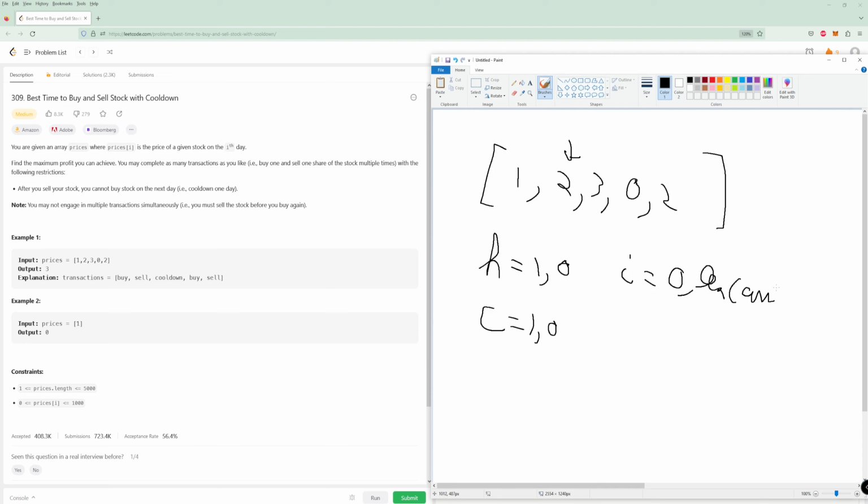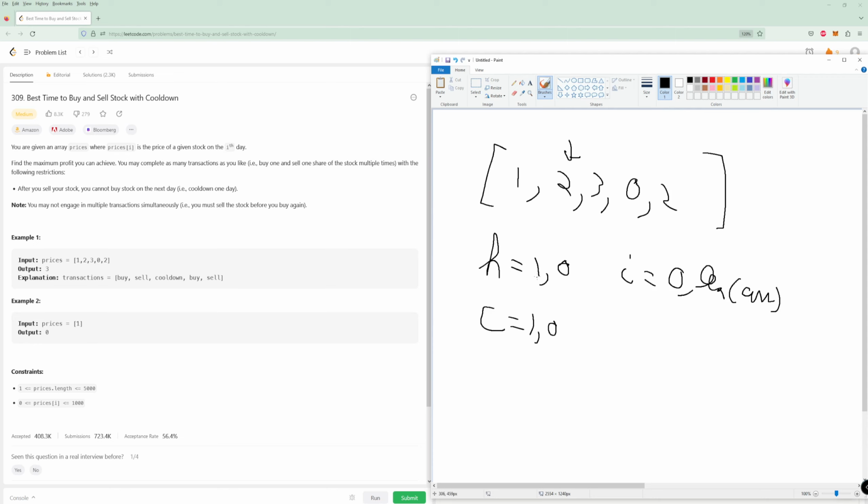Just say R. Now, can we limit any of these variables? Do we need to know if we're holding stock or cooldown? Well, we probably do need the holding variable.